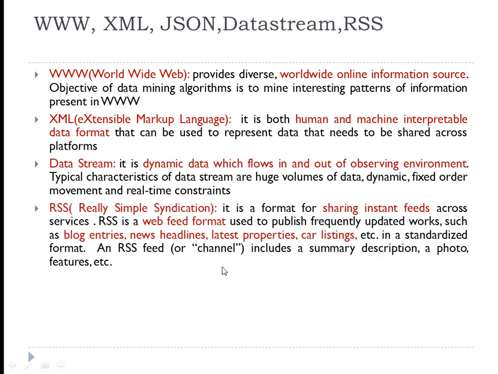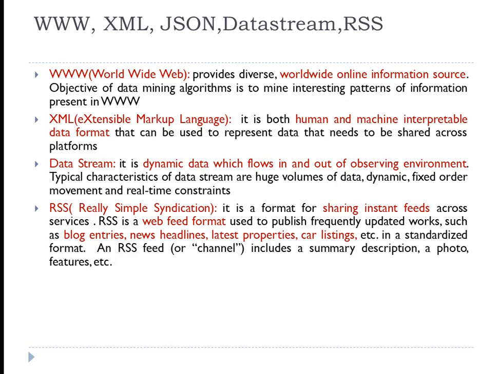And the fourth type of data source is RSS. It stands for Really Simple Syndication. This is a format which normally we see in instant feeds across various services. RSS is basically a web feed format used to publish frequently updated works like blog entries, news headlines, latest property information, car listings in a standardized format.